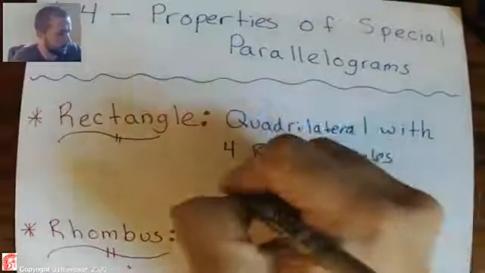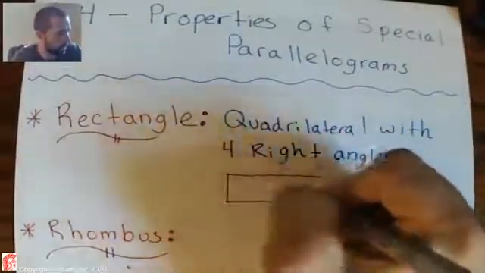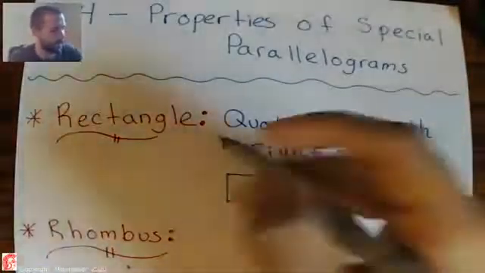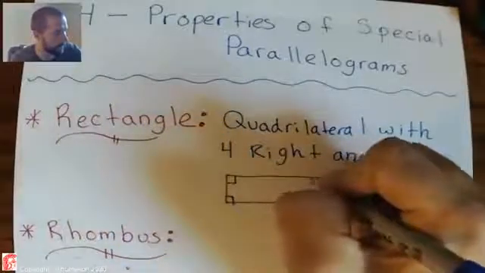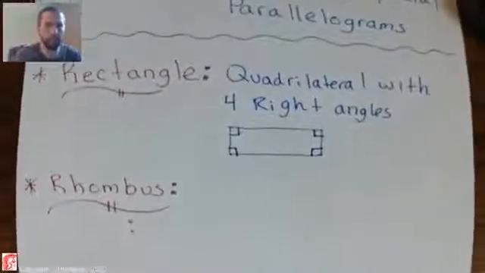It's just a four-sided shape, which is a quadrilateral, but all four corners have that little box, which indicates that they're right angles or 90 degrees. So that's the definition of a rectangle. All right, and then we'll expand on the properties in a little while.